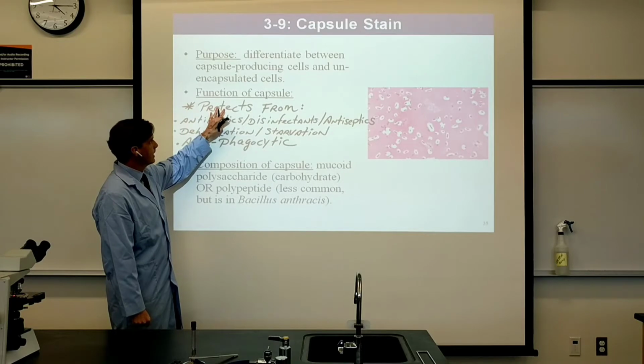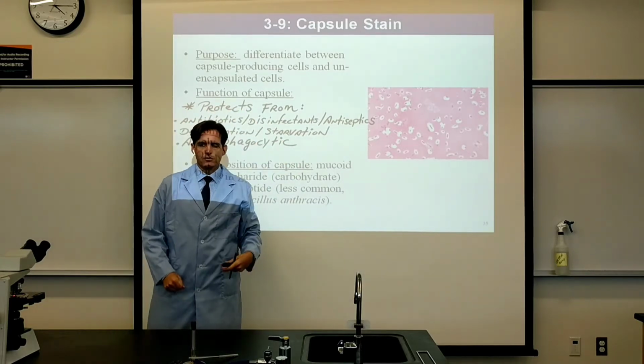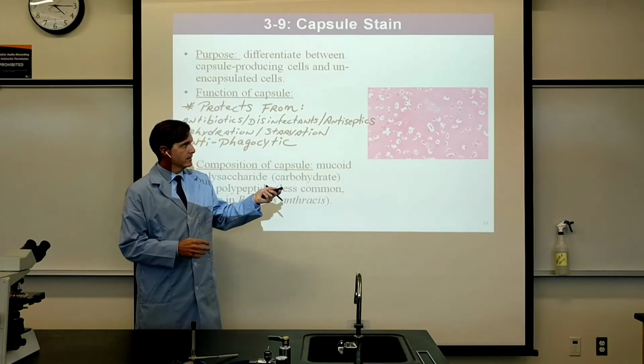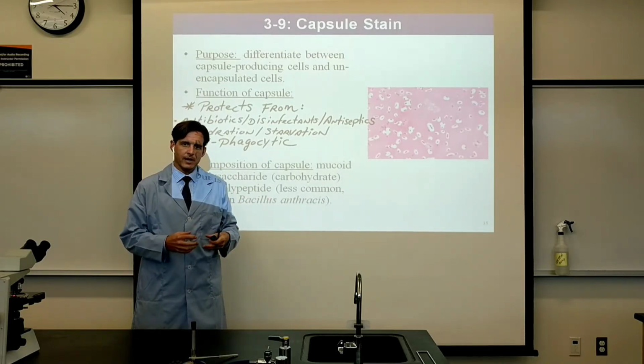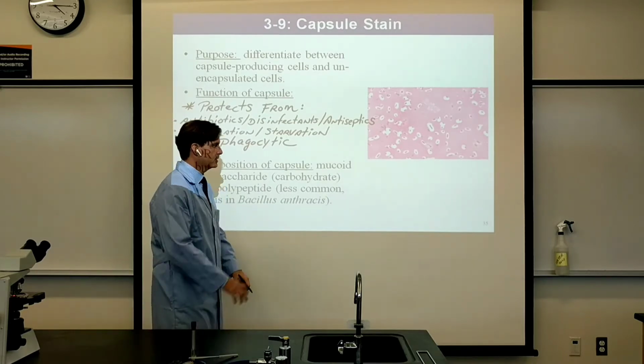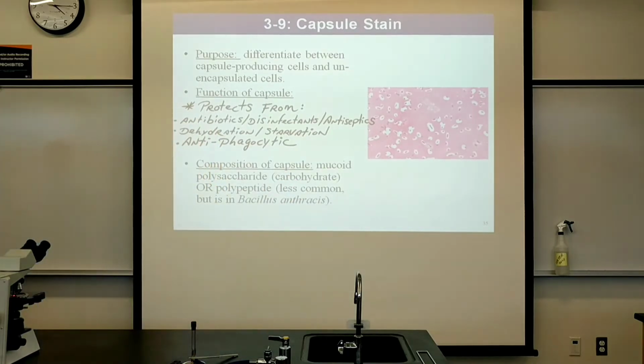We can also say that the capsule is simply an adherence factor. It helps these cells to stick down to their environment and colonize parts of the body where a disease process may start up. So we'll just say they are also considered an adherence factor.